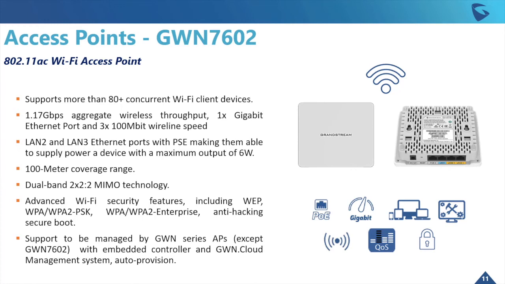It has 3 fast Ethernet ports to provide wired connection to IP phones, computers, and similar devices that require Ethernet connection, while also providing an uplink gigabit network port with the PoE and PoE+. 2 of the fast Ethernet LAN ports are built with PSE, which basically means they can provide power to PoE devices like IP phones. The GWN 7602 offers dual band 2x2 single user MIMO technology and supports up to 80 clients and 100 meter coverage range.